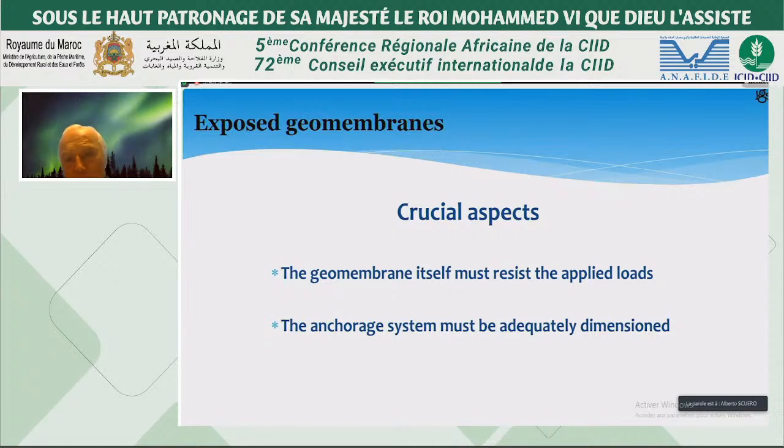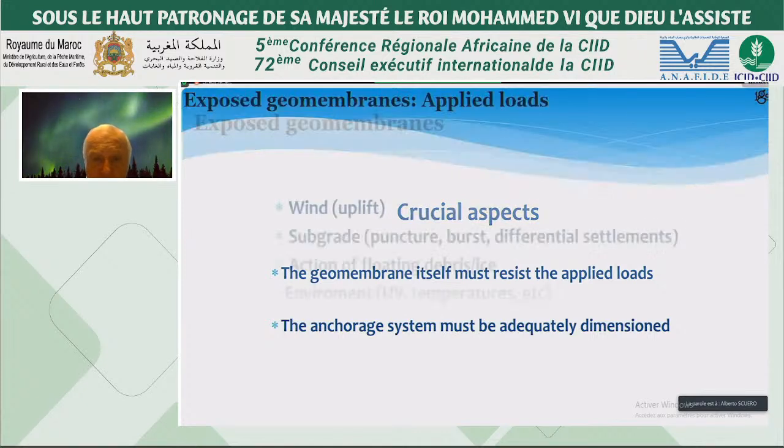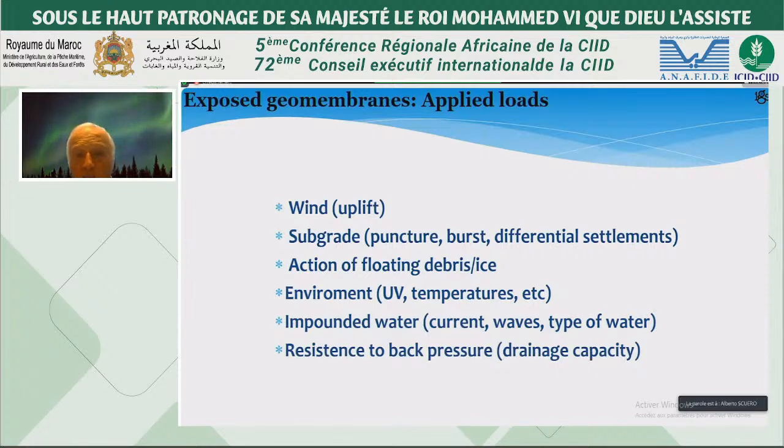For exposed geomembrane, the crucial aspects are that the geomembrane itself must resist the applied loads, and the anchorage system must be adequately dimensioned. The loads are: the wind for the uplift, the subgrade for puncture, burst, differential settlements, the action of floating debris and ice, the environment, UV, high temperature, cold temperature, impounded water, the current, the waste, the chemicals of the water, and the resistance to back pressure and the drainage capacity.